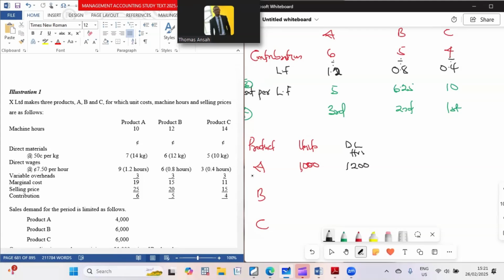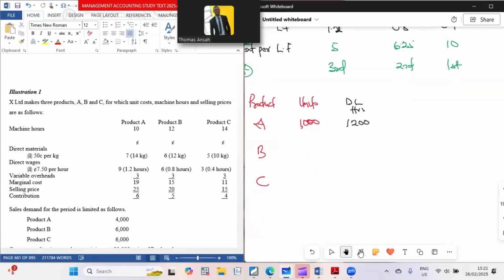So 1.2 by 1,000, that is 1,200 hours. But don't forget that our labor is limited to 5,000 hours.